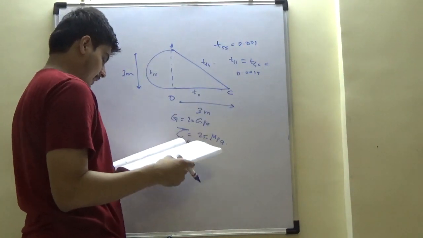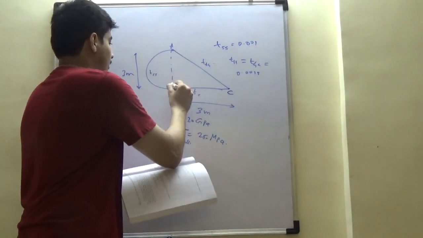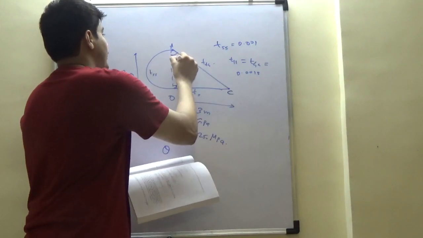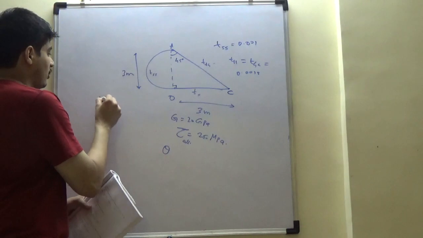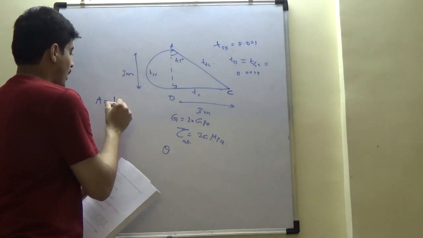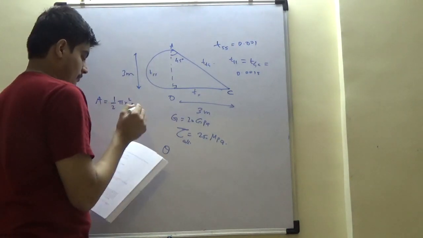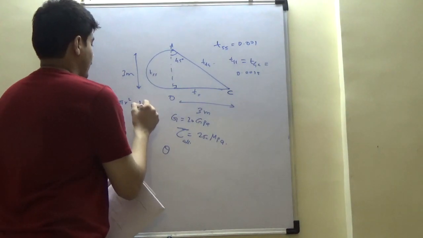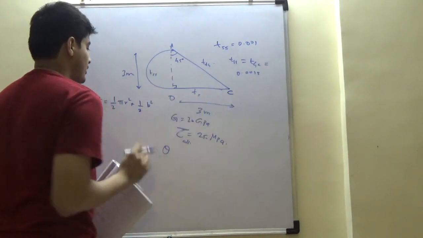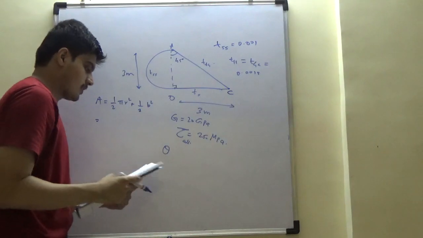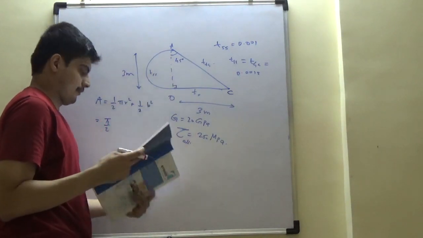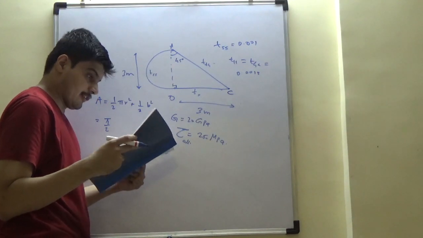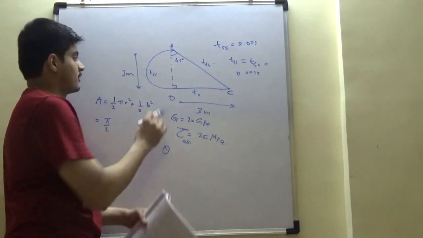Since these are rectangular, because this is 3 and 3, it means this is 90 degrees. So the area of this cross section is half pi r square plus half into b h.